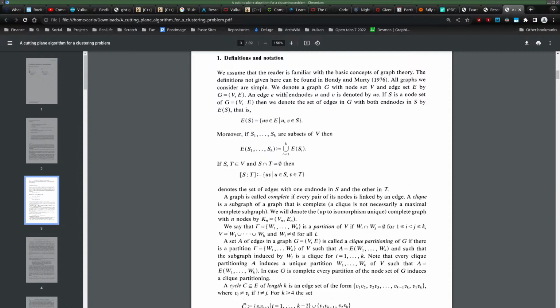So we assume that the reader is familiar with basic concepts of graph theory. Well, that I don't know if people know what a graph is, but a graph consists of nodes, and then we draw lines between nodes. Okay, so in this case I think that my problem is related to a graph because I want to assign a value to each pair, and an edge between two nodes is exactly a pair.